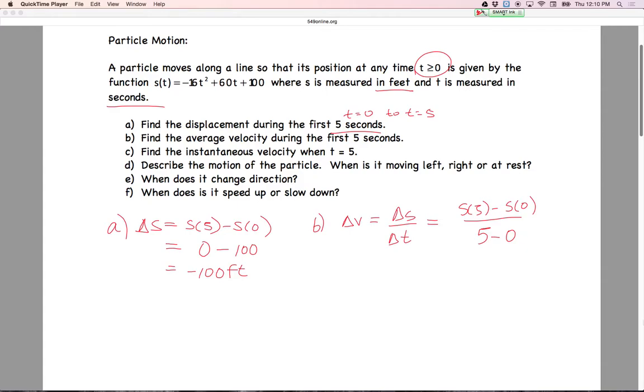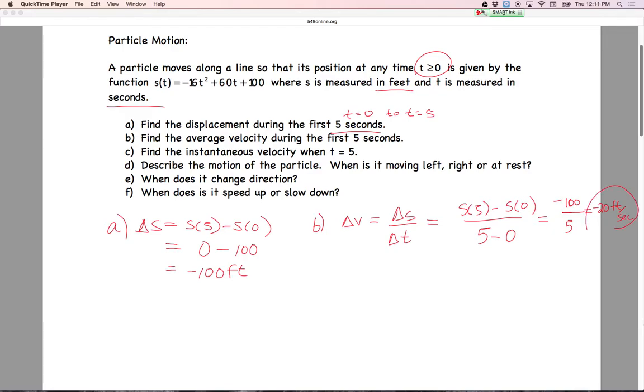We could flip-flop it and go y1 minus y2 over x1 minus x2, and we'd get the same answer. What we're going to end up with is negative 100 over 5, which is what? Negative 20. Negative 20 what? Feet per second. That's our average velocity.